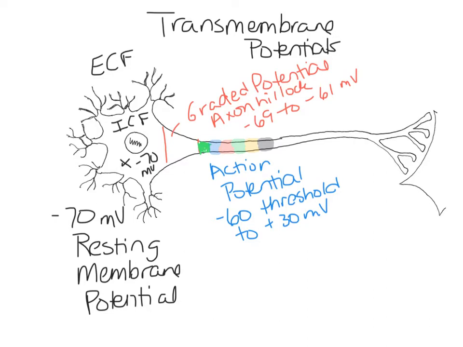Okay, so you get the point. They just keep occurring all the way down. We get action potential after action potential. Finally, at the end, those action potentials will get to that synaptic terminal, and we'll talk about what happens at the synaptic terminal. We've already seen what happens at the synaptic terminal at the neuromuscular junction.